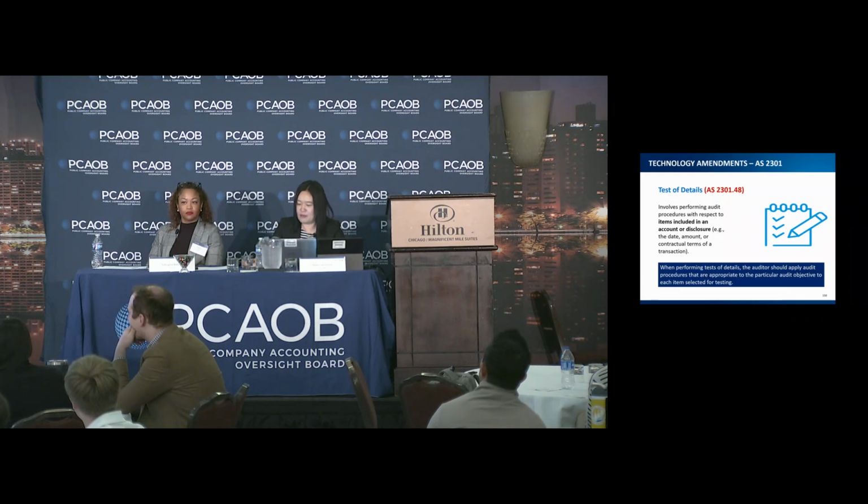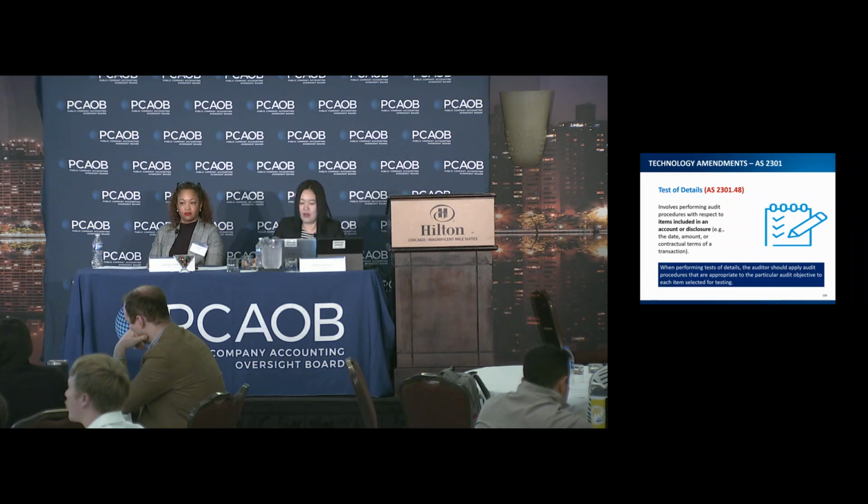When performing tests of details, the auditor should apply audit procedures appropriate to the particular audit objective to each item selected for testing. For example, tests of details could include procedures to test the dates of a sample of revenue transactions to evaluate whether the revenue was recorded in the appropriate period.